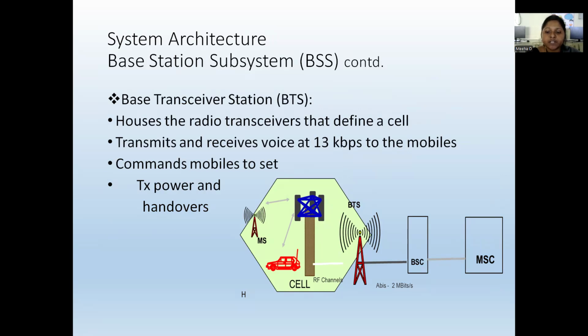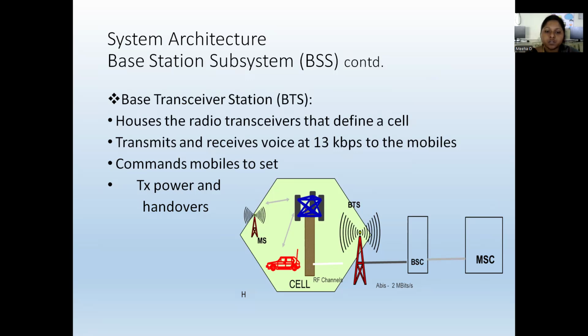So what does the BTS do? BTS means small towers around our home, around our area. Each cell is hexagon shaped, and each cell has one BTS.